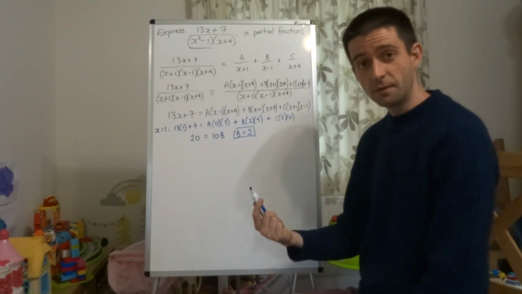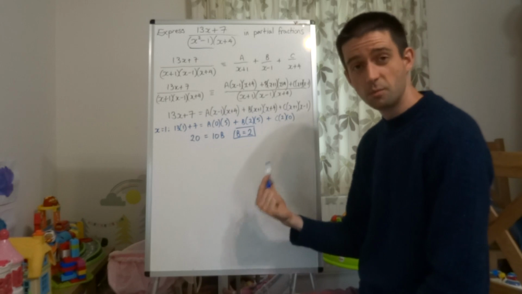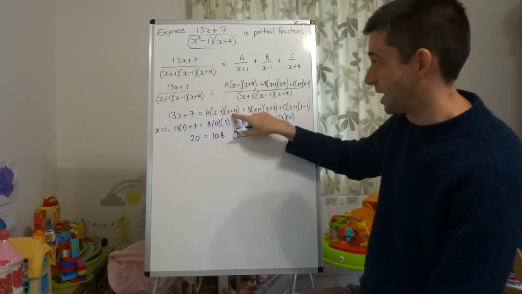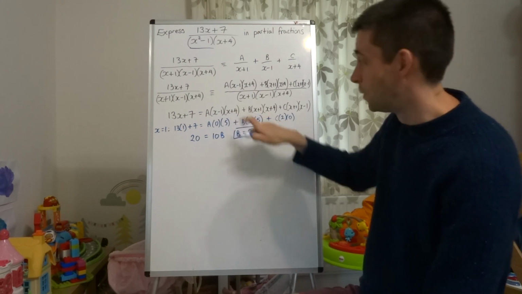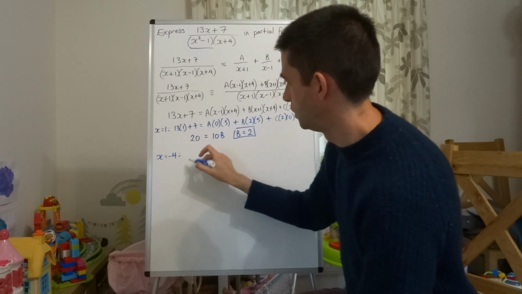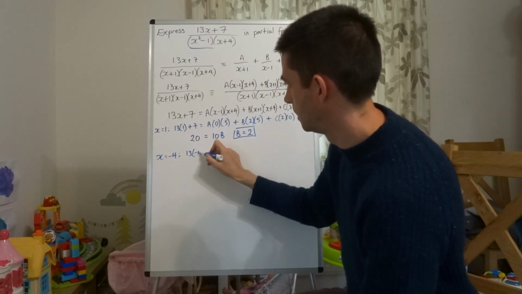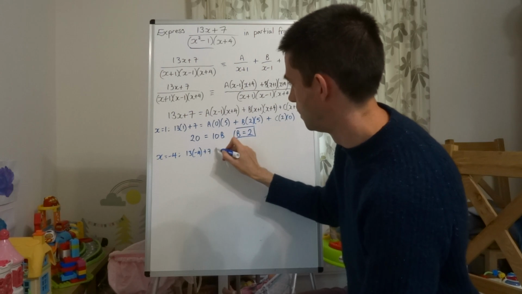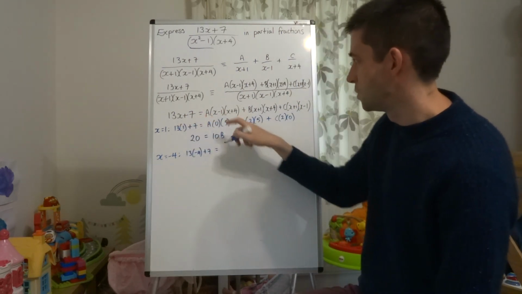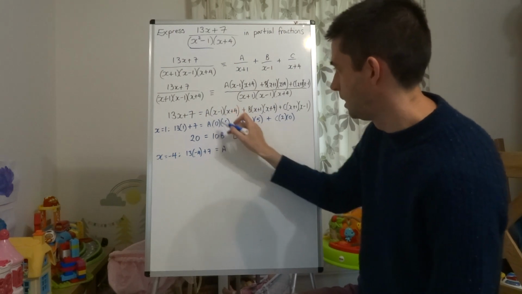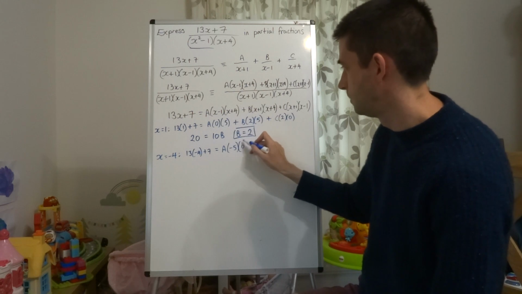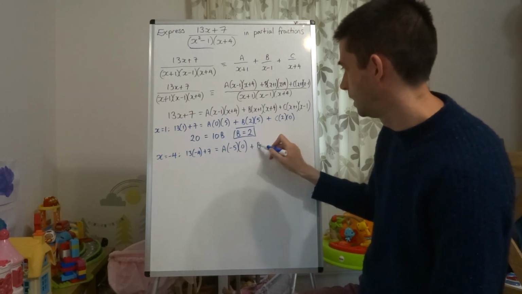Okay. The next value of x I'm going to choose, again thinking that I need one of the brackets to go to 0. I've used x is 1, so if I look at this next bracket here, if I use x is negative 4, that's going to make that bracket go to 0. So if x is negative 4, 13 lots of negative 4 plus 7, that's substituting x in here, equals, now if I substitute x in here, I'm going to have negative 5 and then 0 plus b.